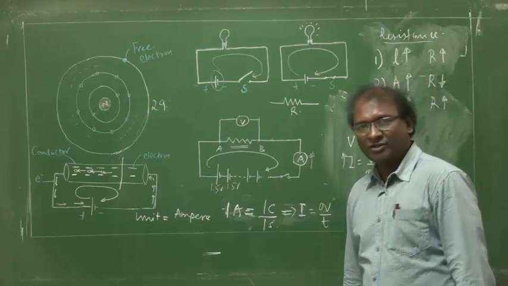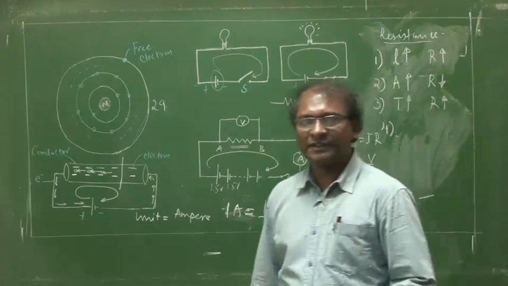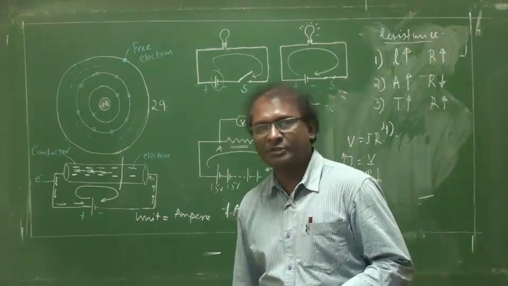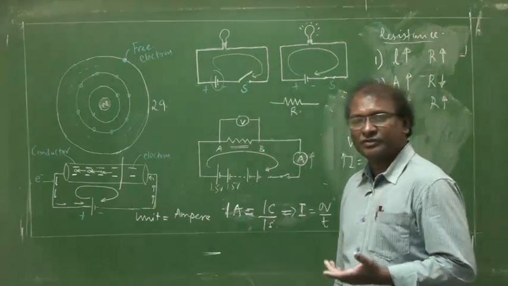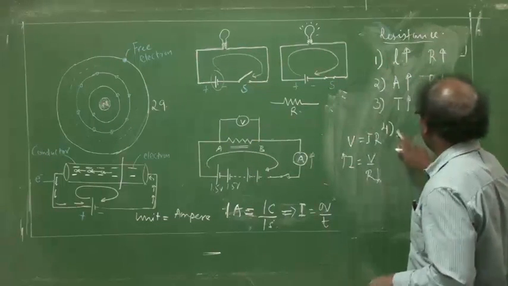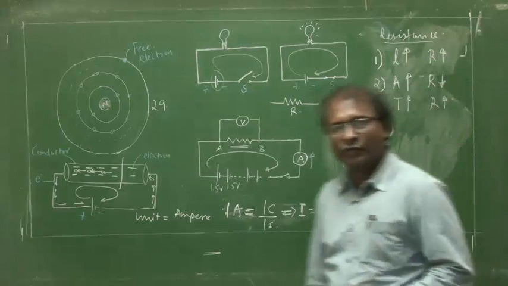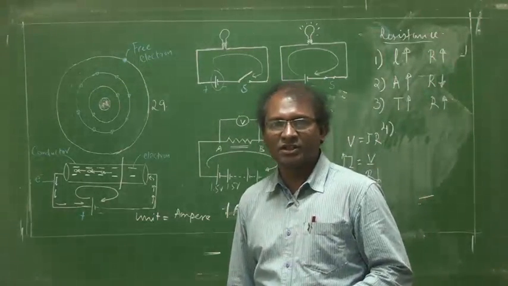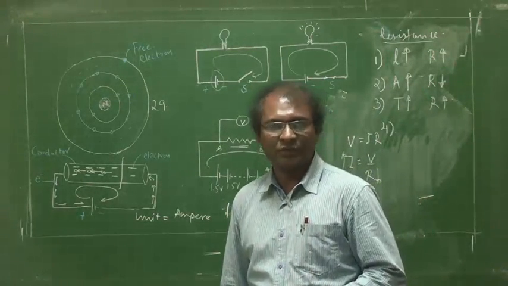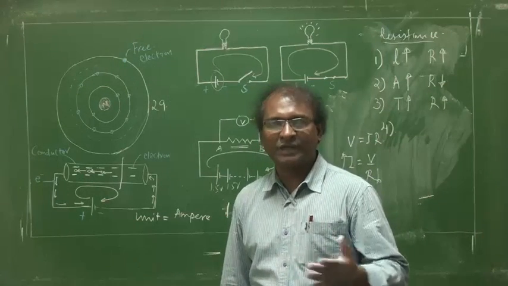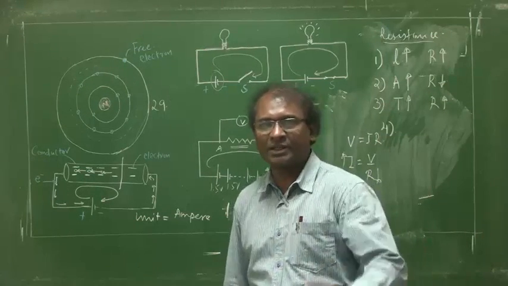Current also depends on the type of material you choose. There are materials which allow the current to flow freely, and there are materials which oppose the current flow. We have seen that because we have conductors, insulators, and semiconductors, and so on.